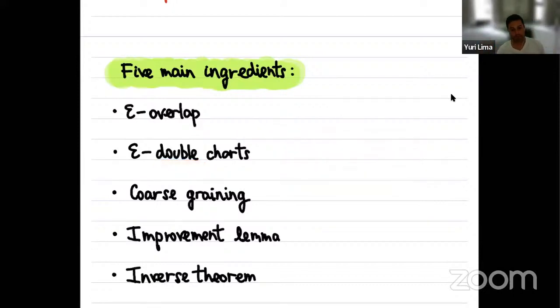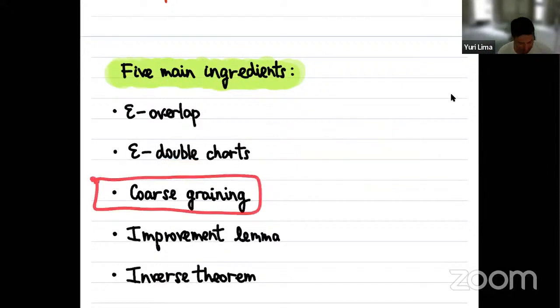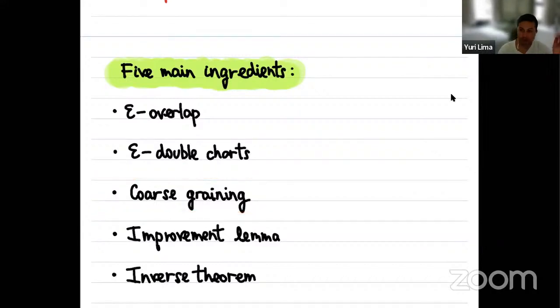Then we are going to discuss this notion of coarse graining, which is how to reduce the study from the uncountably many charts that we a priori need to consider to understand all trajectories, to only countably many of them. Recall that in the uniformly hyperbolic situation, this coarse graining was very easy.